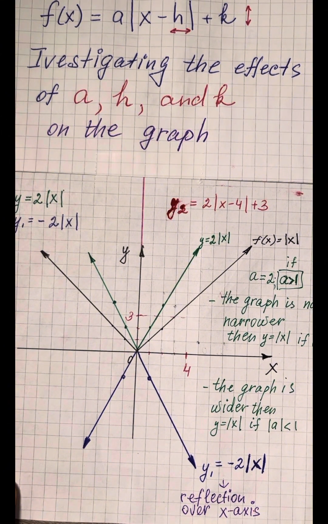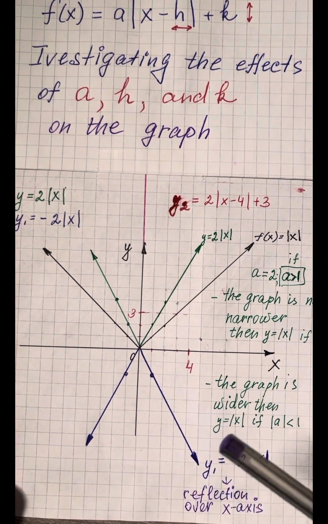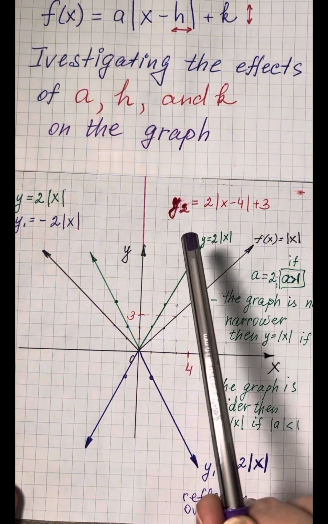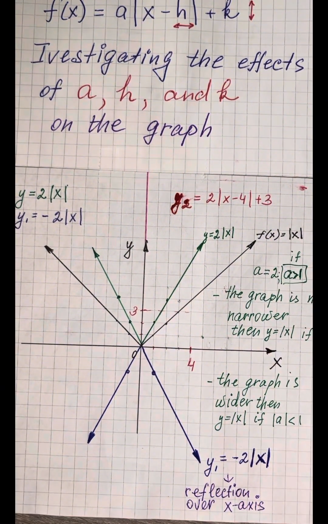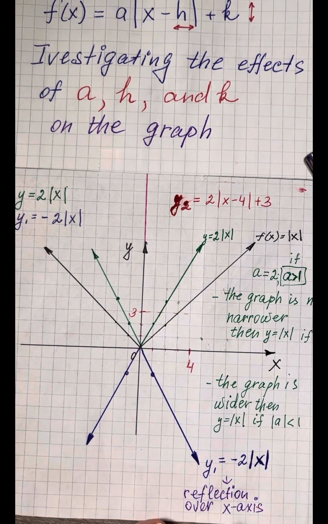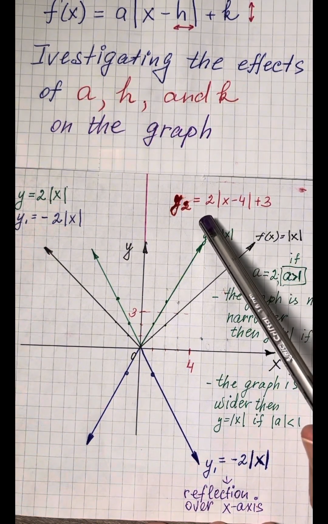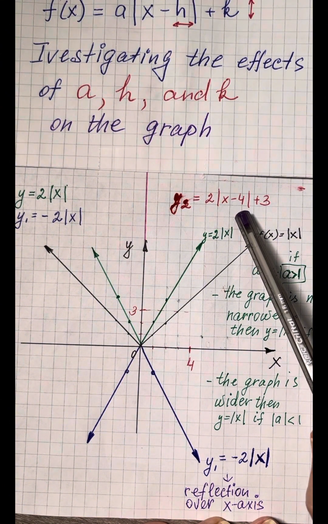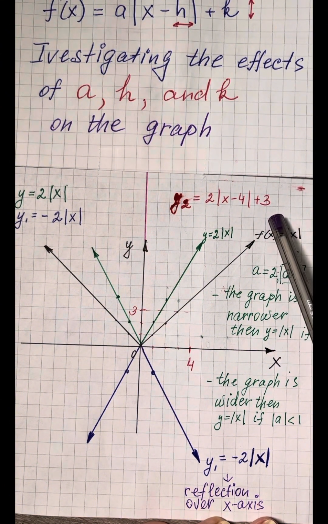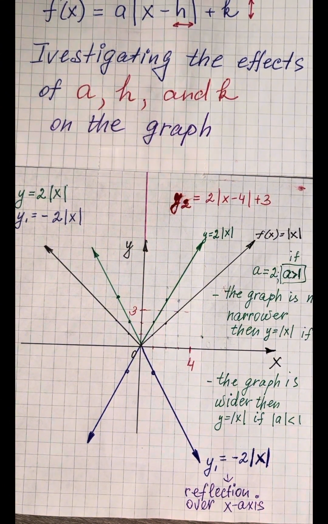The next one, we're going to analyze this graph, in this case a equals 2, h equals 4, and k equals 3. What kind of transformation will we have?